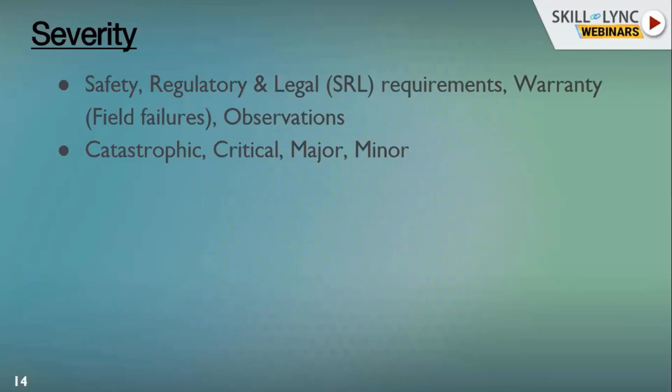Based on the specific system, you categorize your severity into catastrophic, critical, major, and minor. But in the defense industry or mission critical systems, when you're launching rockets or missiles, there it is catastrophic, critical, major, minor. But for your system, you can define what you mean by catastrophic, depending on what system you're using.